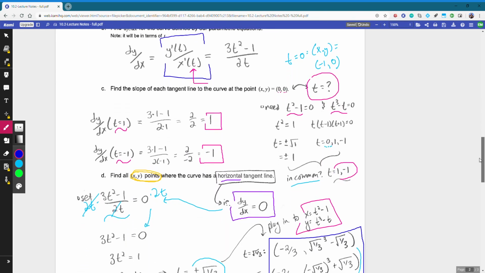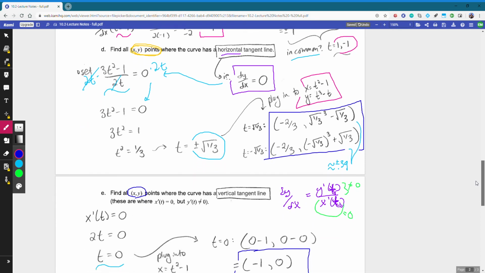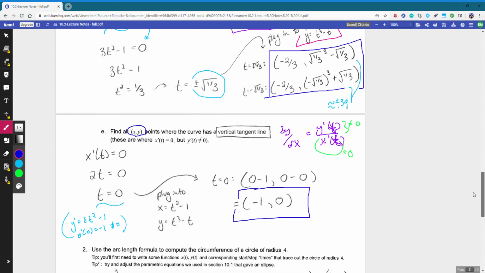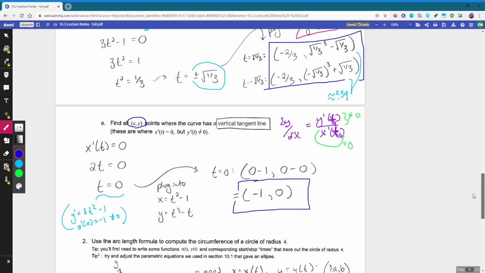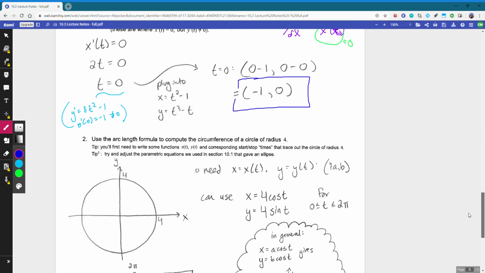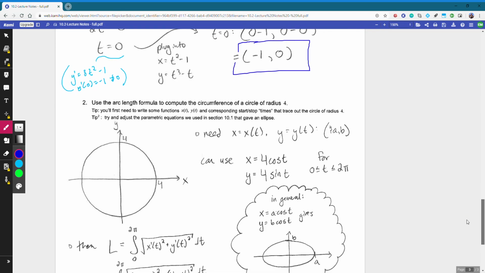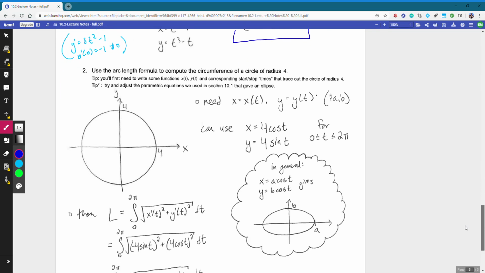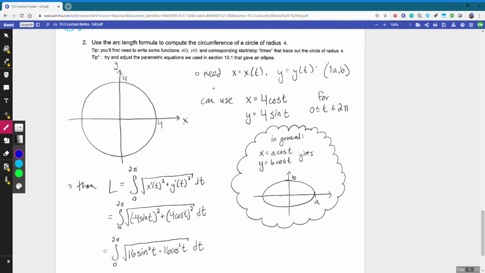The second one in this worksheet is thinking about arc length. And so here we were asked to compute the arc length, or use the arc length formula to compute the circumference of a circle of radius 4.